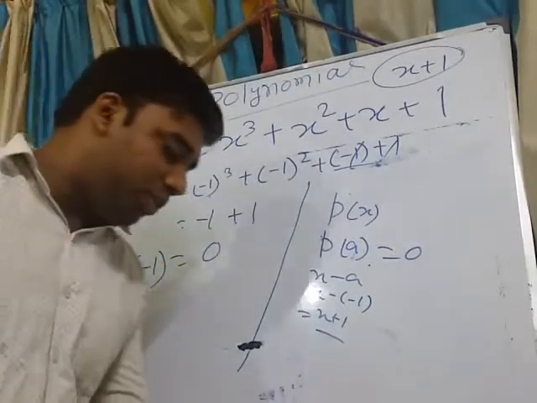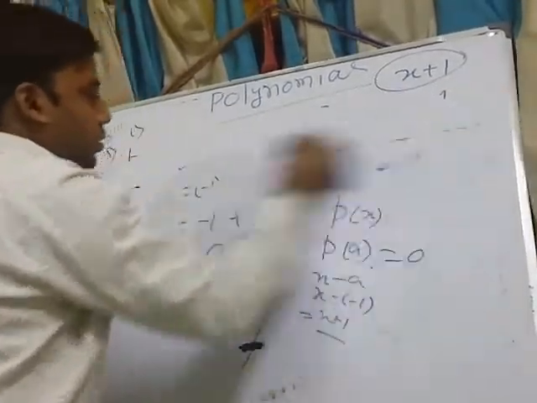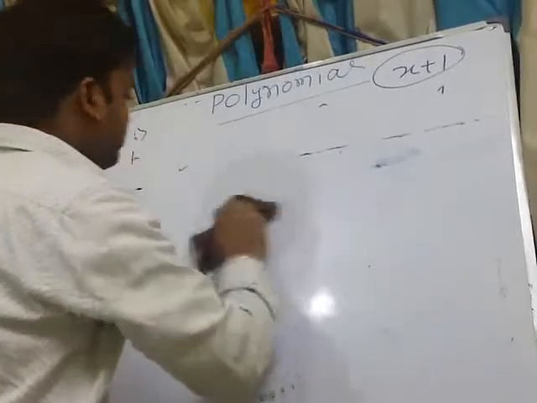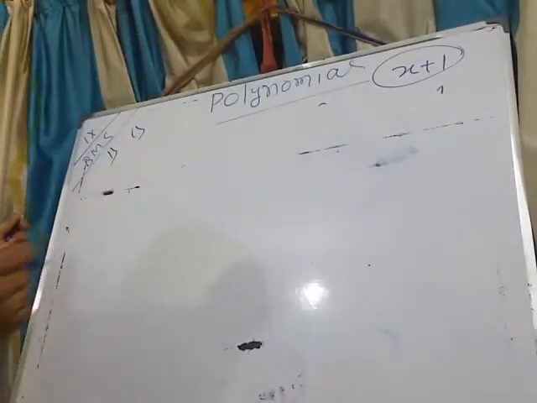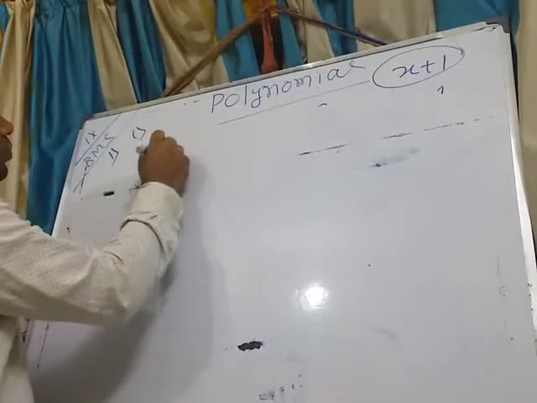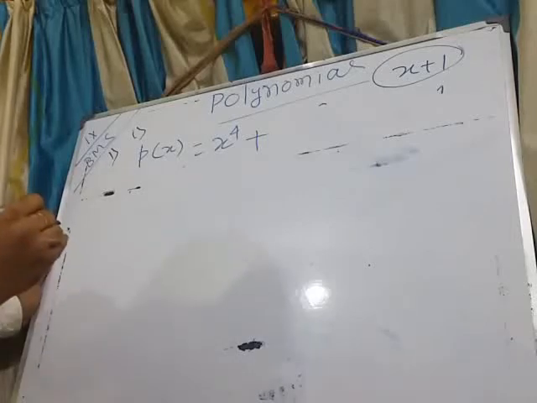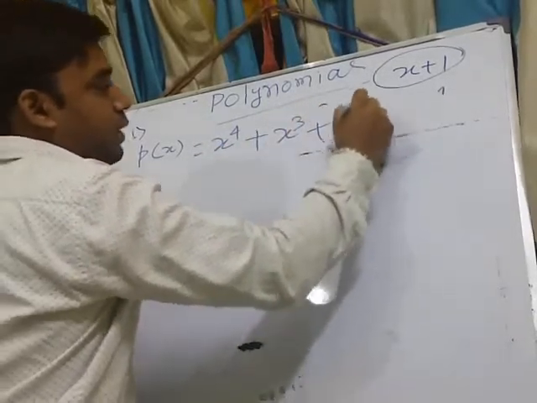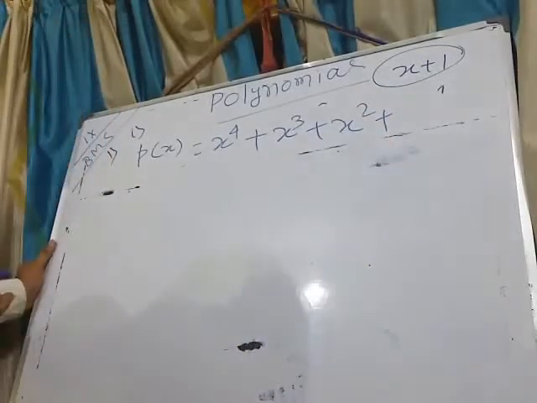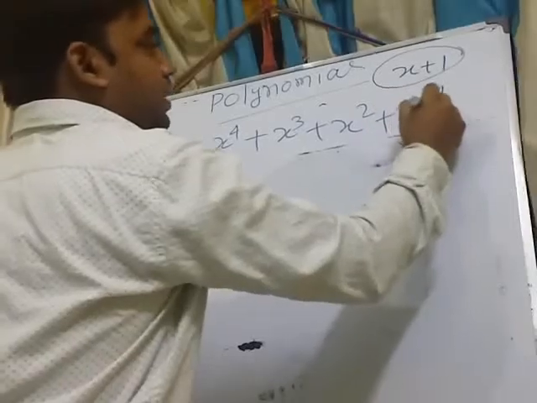Coming to the next part of this sum number 1, that is x to the power 4 plus x cube plus x square plus x plus 1.